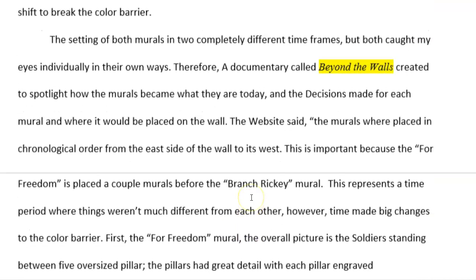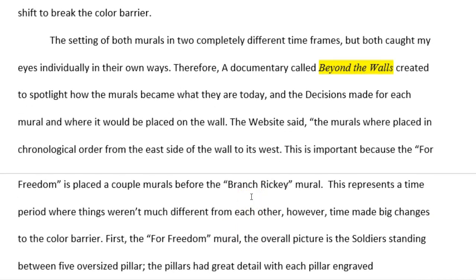So if you think the murals are showing that race relations are so much more improved in Portsmouth because we have the For Freedom mural that has these people together, give us some details from the murals and then explain how that detail supports that argument that you have.